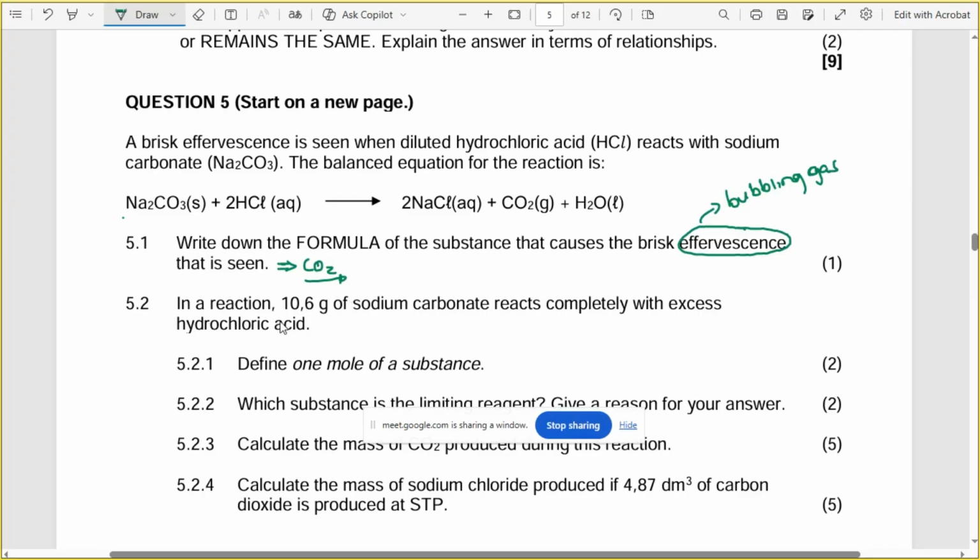Okay, in a reaction, we have 10.6 grams of sodium carbonate. It reacts, let me underline the word, completely with excess hydrochloric acid.